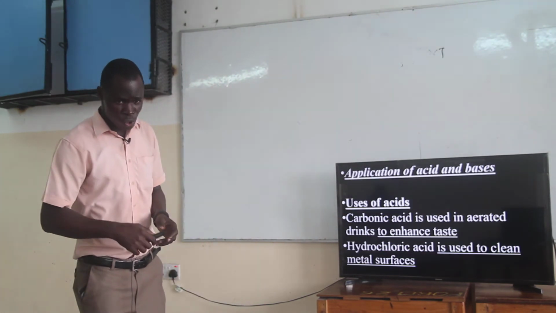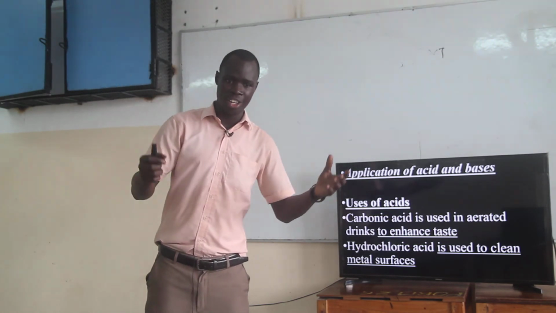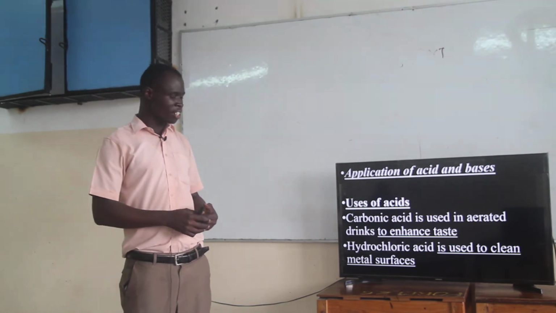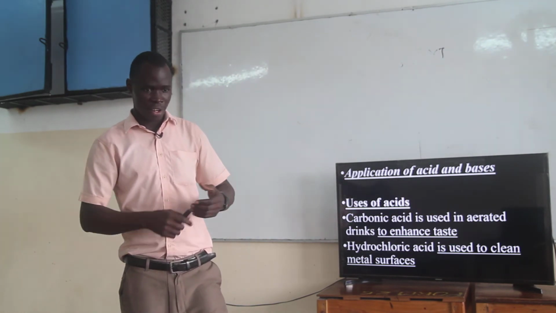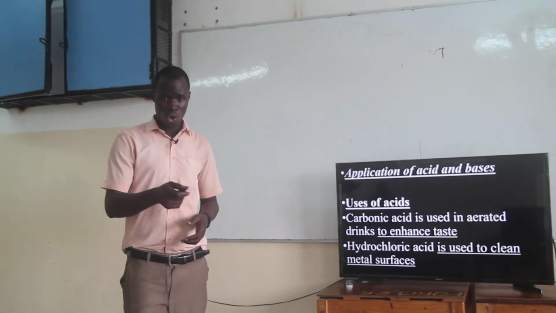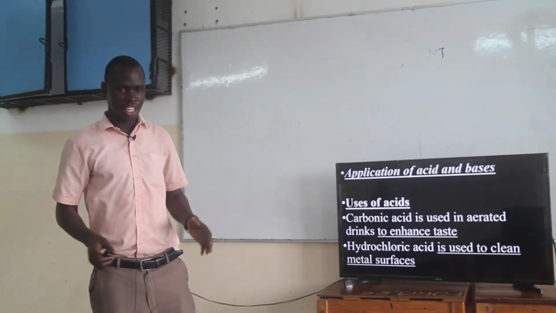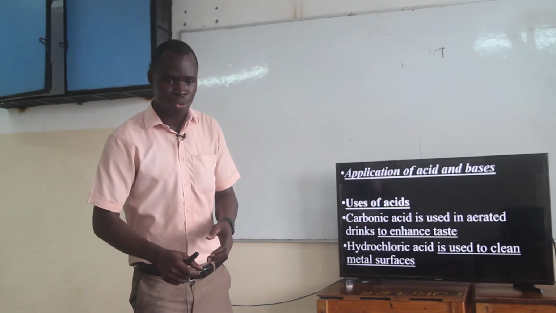So what are the uses of acid? Carbonic acid is used in carbonated drinks such as champagne, Coke and Fanta, and this is meant to enhance the taste. Hydrochloric acid is used to clean metal surfaces, for example the sink at home, the toilet at home.